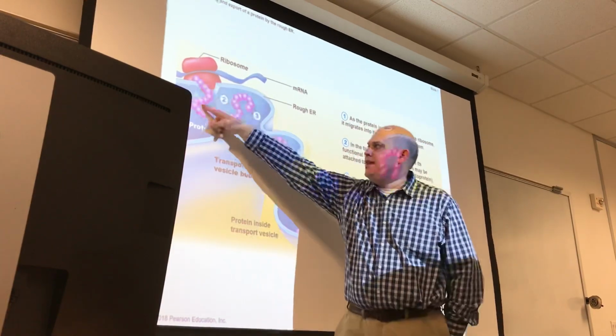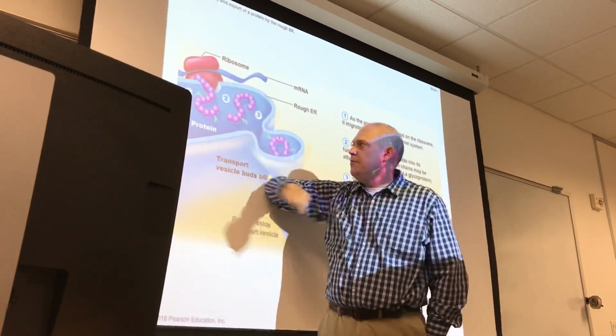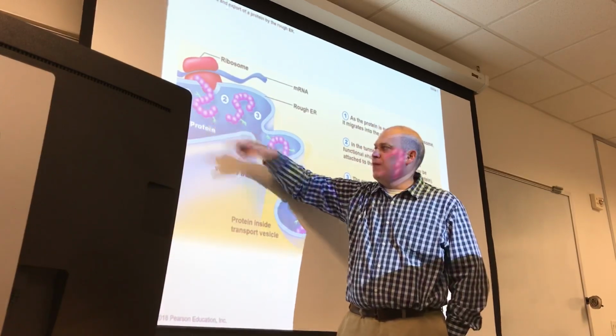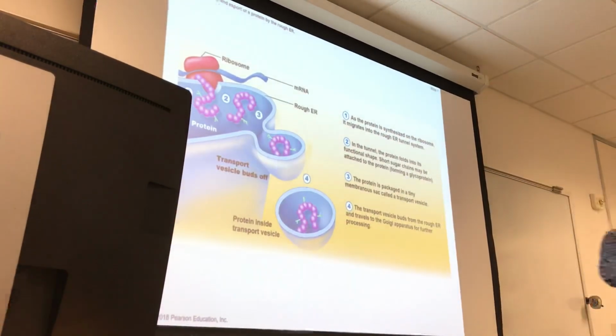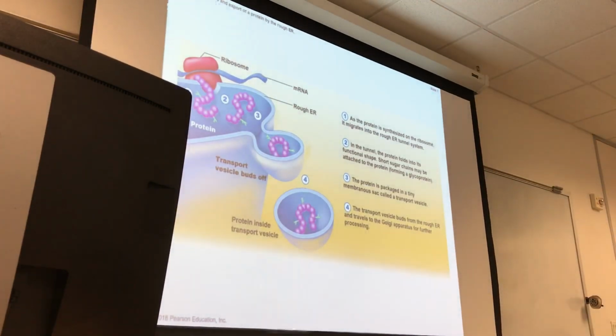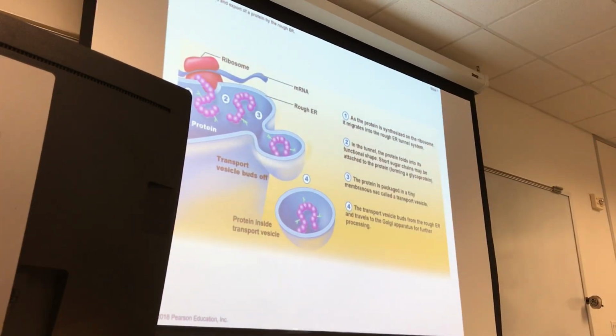So here's the protein as it's being produced by the ribosome. It will travel to the rough ER, and what the rough ER is going to do is two things. The first thing it's going to do is it's going to alter that protein. Basically give it a spit shot. Change it up just a little bit to make sure it's fully functional.